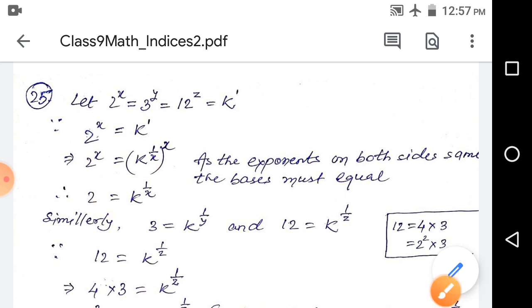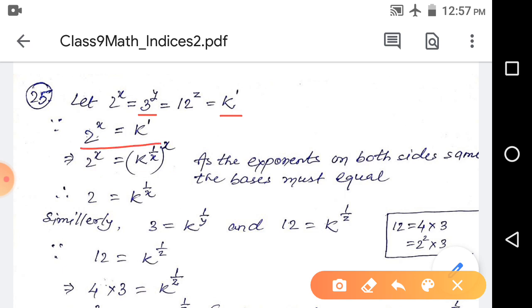Okay, now see the other values. When we equate this 2 to the power x as k, we got 2 equals k to the power 1 by x. Now again, if we equate this 3 to the power y as k, then what we got? We got 3 equals k to the power 1 by y.